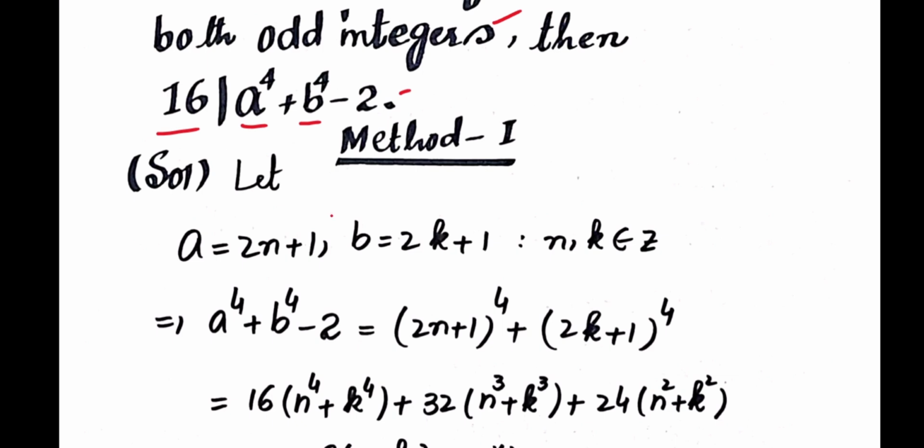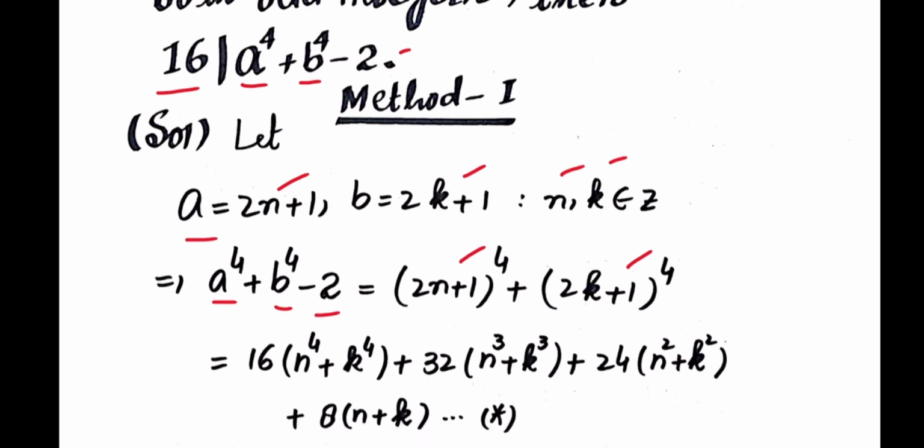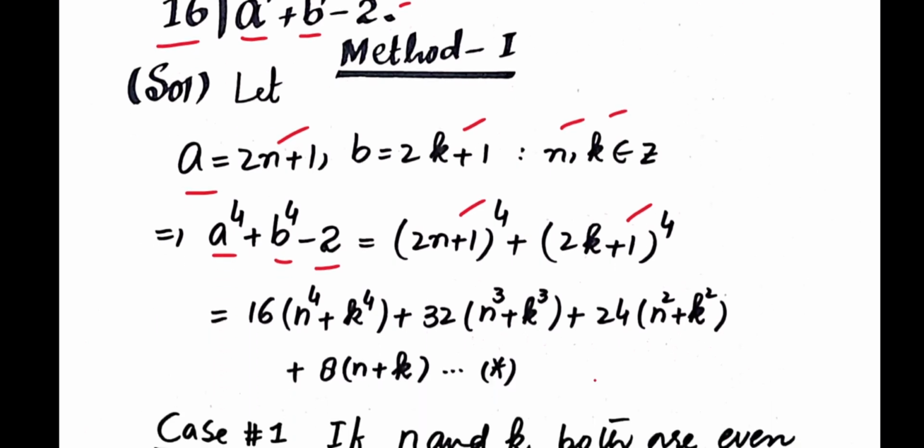As a and b are two odd integers, let a is equal to 2n plus 1 and b is equal to 2k plus 1, where n and k are some integers. Now substituting these values of a and b in the given expression, that is a4 plus b4 minus 2, we have 2n plus 1 whole power 4 plus 2k plus 1 whole power 4 minus 2.